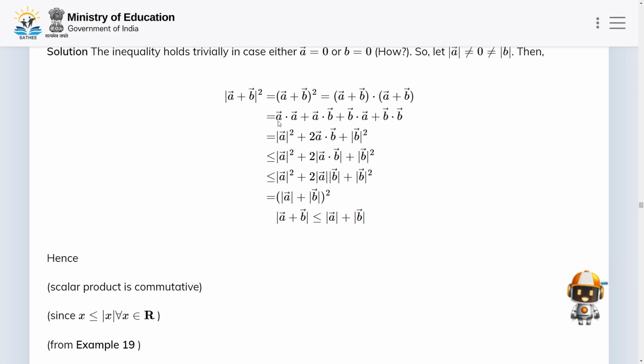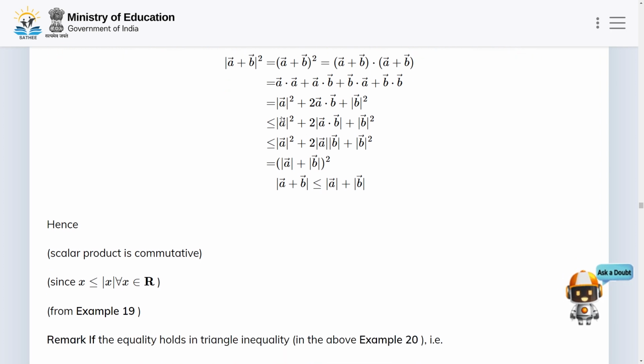You will have dot product of a and a, dot product of a and b, dot product of b and a, dot product of b with b. This is just the square of the absolute value of a, this is the square of the magnitude of b, and because the scalar product is commutative, you can write it as 2 times a dot b.